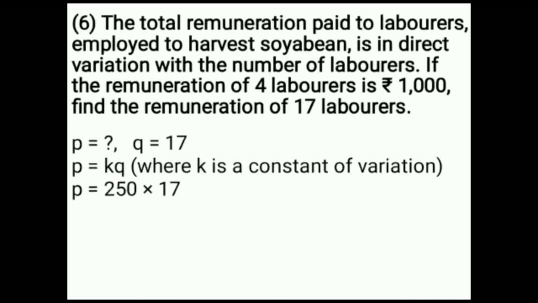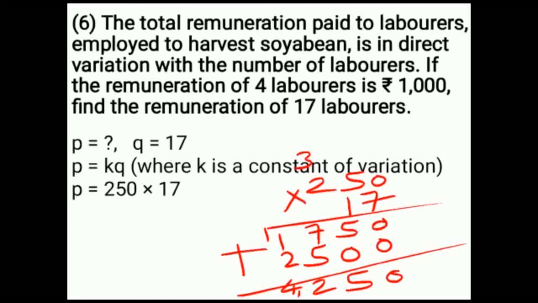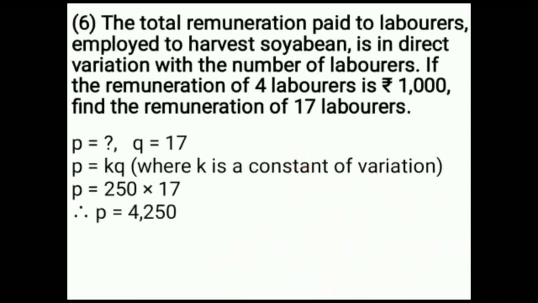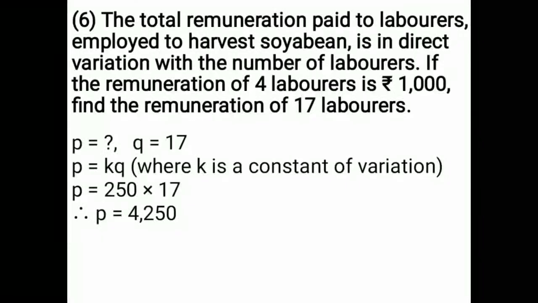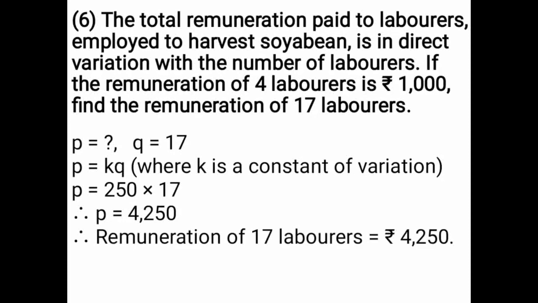I have multiplied here 250 into 17. I am getting the answer 4250. Therefore, P is equal to 4250. Therefore, remuneration of 17 laborers is equal to ₹4250.